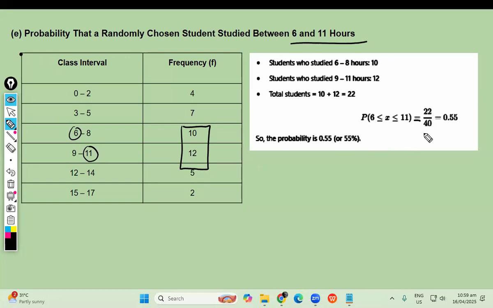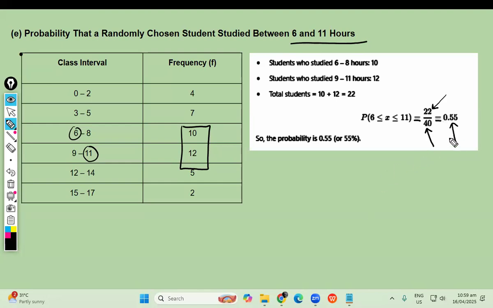How do you convert something to a probability? To convert something to a probability, you just take the amount you are concerned about. So 22 people fit the criteria of studying between 6 to 11 hours, and you always divide it by the total. You don't have to multiply this one by 100. Probability is just the amount you're concerned about, which is 22, and you always divide it by the total amount you have.